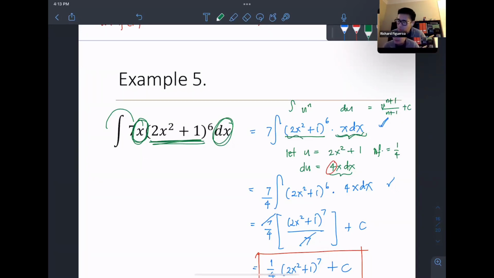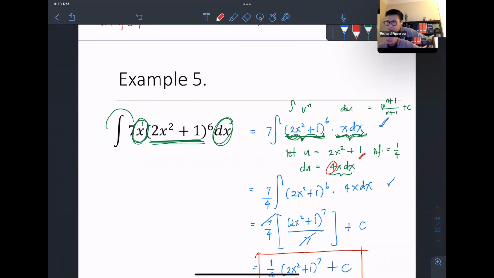Once I derive this and get the differential, it should be the same as that of the integrand. When I say the same, the variables are the same, not necessarily the numerical coefficient.